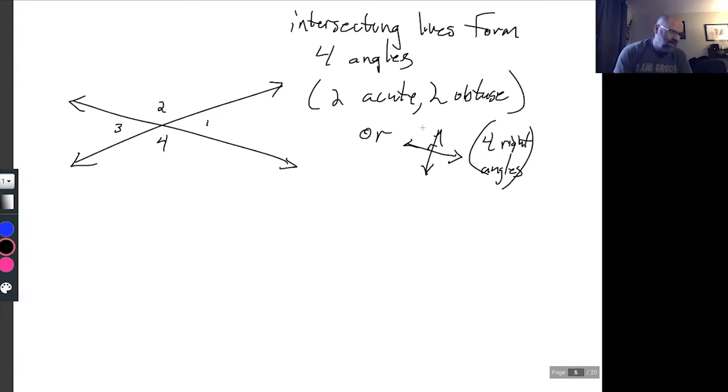Okay. All right. So now let me give you some terms. So these two guys are what we call adjacent angles. When you think of adjacent, like my adjacent neighbor is the guy right next door. Okay, he's my next door neighbor. So adjacent means like next door neighbor.